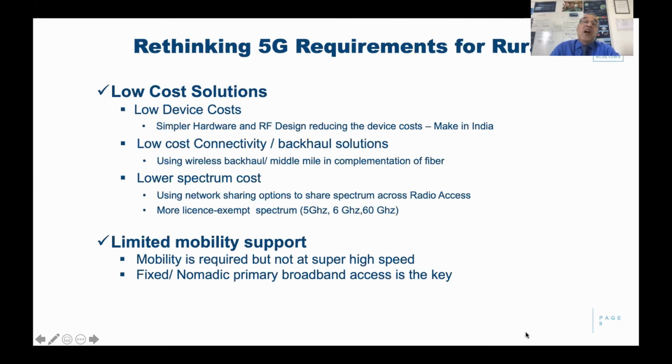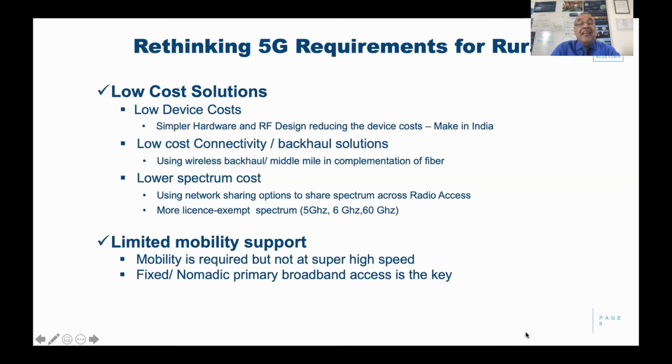So if you want to take care of these challenges and these characteristics of rural connectivity, there is a need for a rethinking or a fresh thinking on the 5G requirements. So two main things are there: the low cost solutions and limited mobility support. The low-cost solutions basically will come through low device cost, low-cost connectivity, backhaul solution, lower spectrum cost, and maybe a nil spectrum cost.